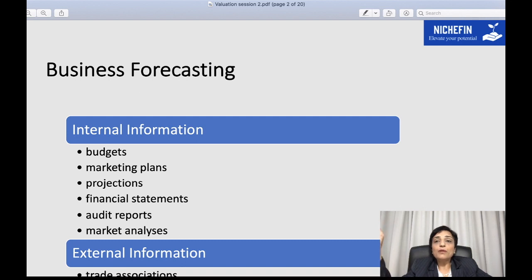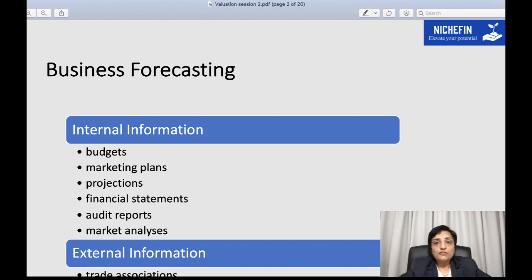Now, when we talk about future earning capacity, that means we need to forecast the business in future. And as the business is not just one entity, it's surrounded by the environment, we need to get the internal information as well as external information to do those forecasts.